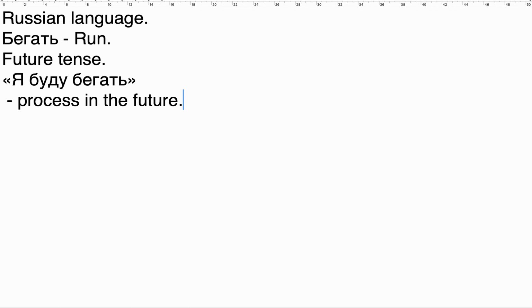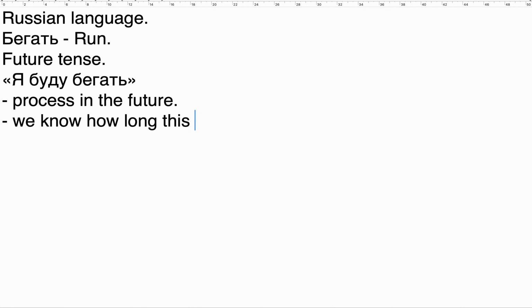And we know how long this process will happen in the future. For example, this action will happen for 1 hour, or all day, or all night, or 10 minutes, and so on. Understand?